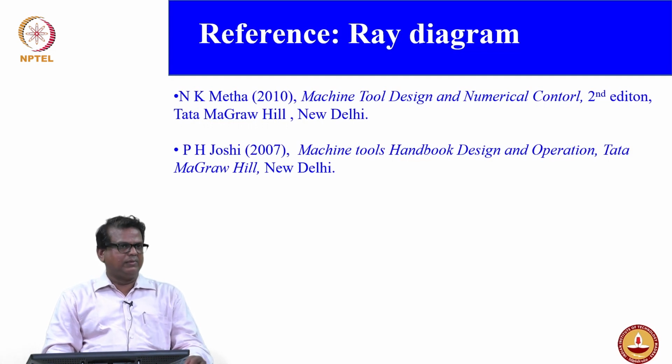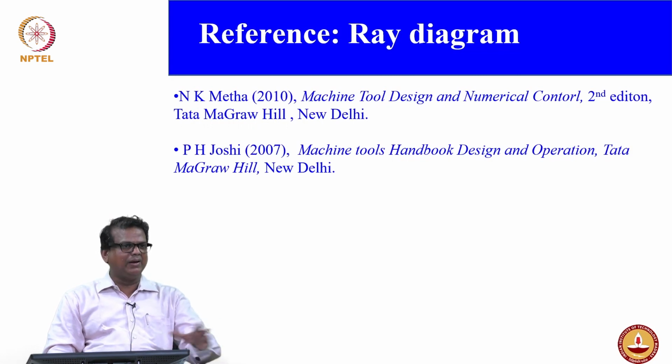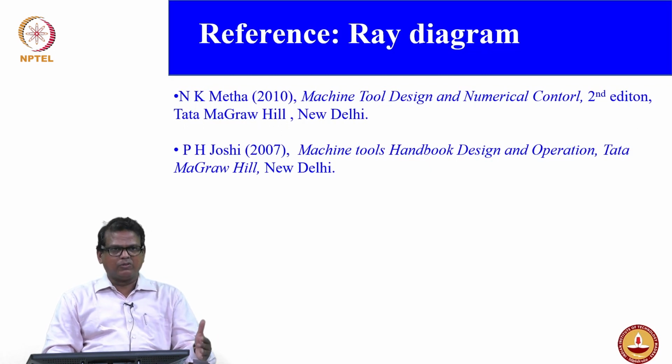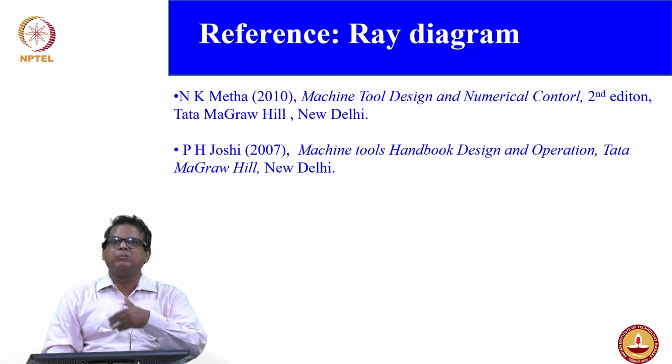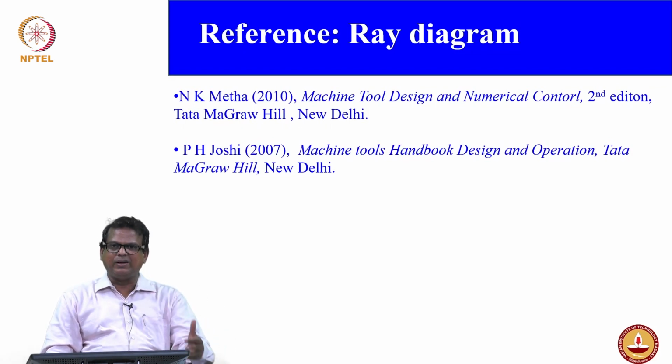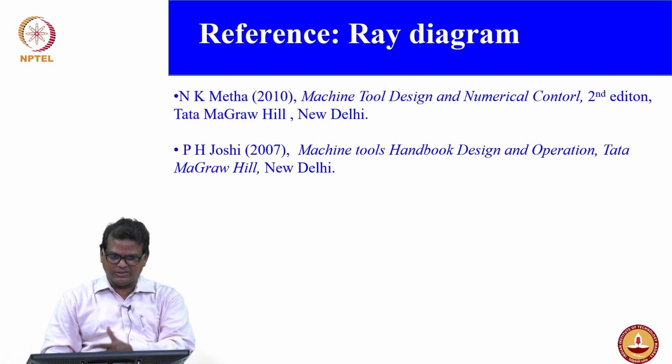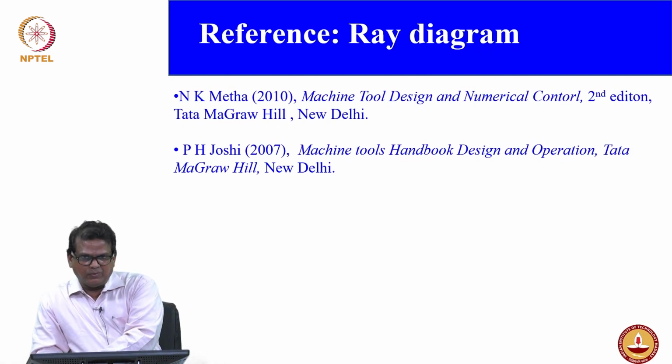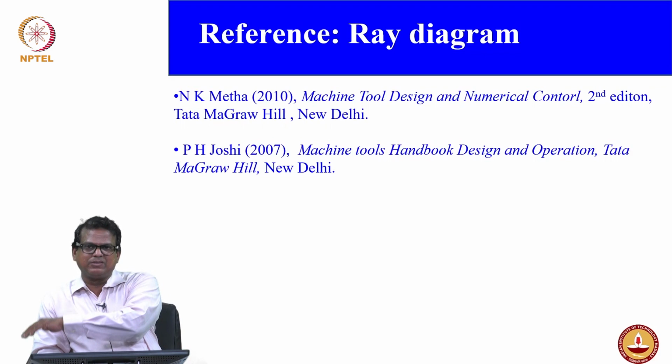Our aim is to study the gearbox. This gives you a fair idea of the ray diagram and kinematic diagram aspects. The moment we go for the automobile gearbox, we will take this information, construct the ray diagram and kinematic diagram for the automobile gearbox. From there, we will go for design calculation.